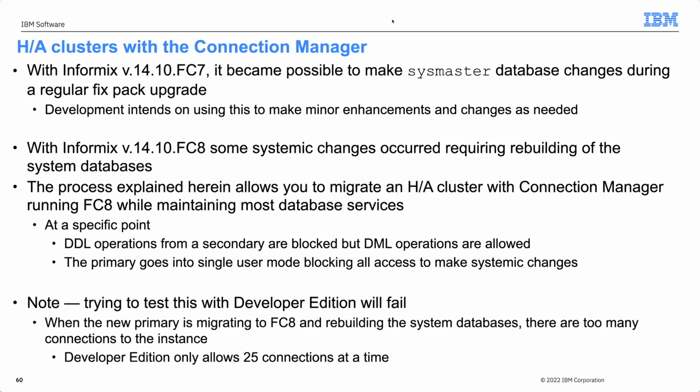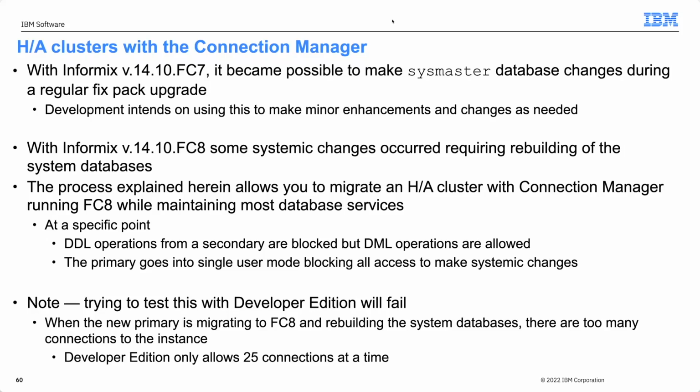And in the middle of the process, I say, there are times when the secondaries are going to be blocked from doing DDL operations, or they're going to be blocked from doing DML operations and so forth. And I also explain that if you're trying to test this with developer edition in some sort of a test environment, your test will fail. The reason being is that developer edition is limited to, I think it's 22 concurrent sessions.